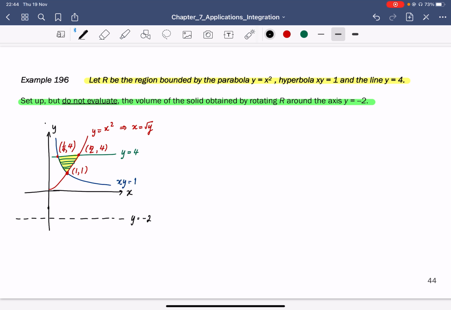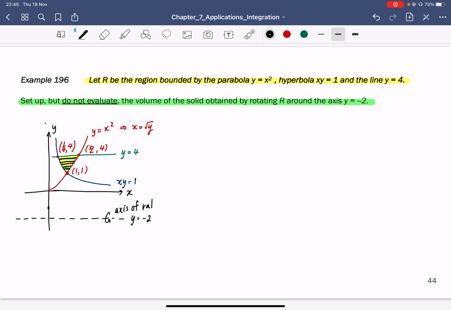Why is that? Because it is easier to do the horizontal line, right? Because you don't have to split the region. And if you do the horizontal line here, that means you're doing the parallel cut with respect to the axis of rotation.